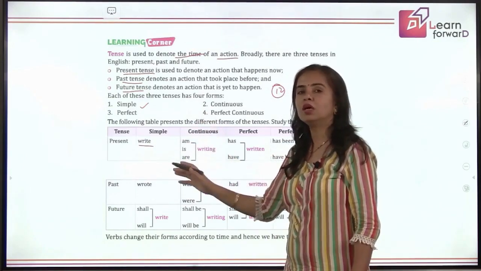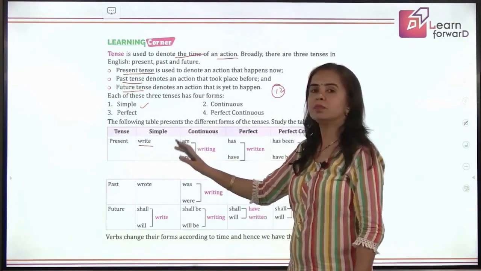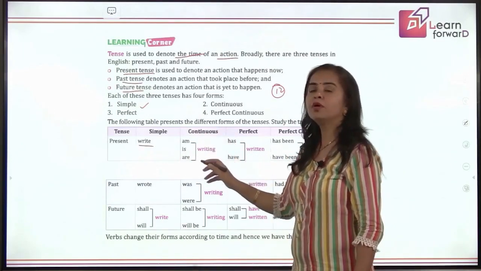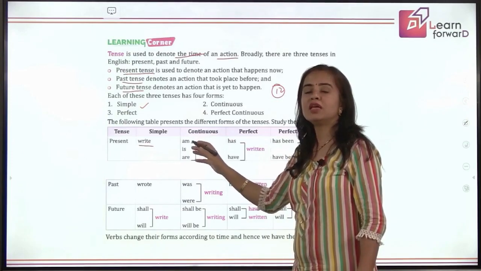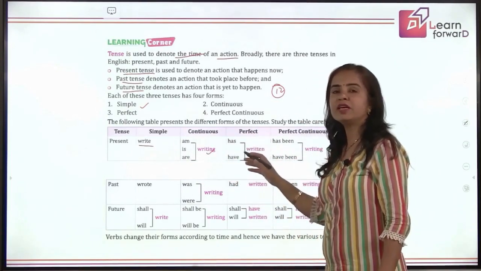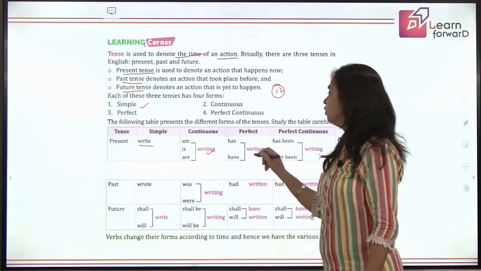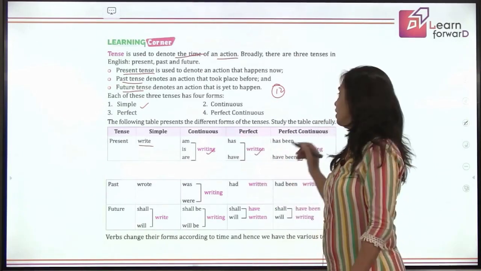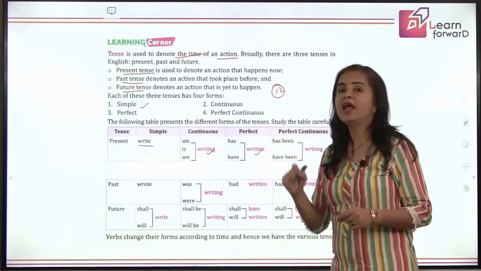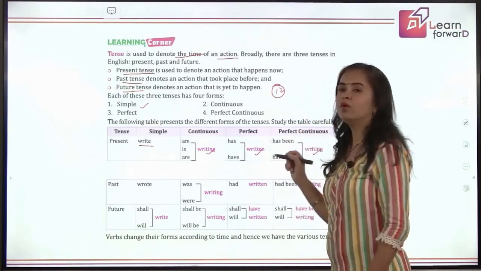Otherwise, with all other subjects, you use simply the first form of verb, the root form. When you talk about continuous tense, you say is, are, am with the ing form of verb. When it is perfect tense, you use has, have with the third form of verb. And in perfect continuous tense, we use has, have, been and then the ing form of verb.